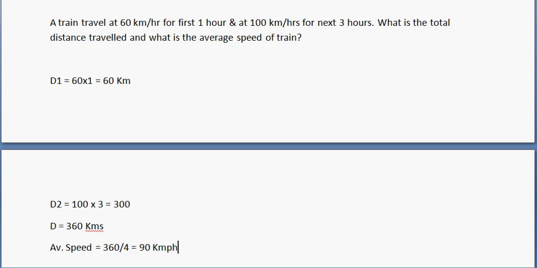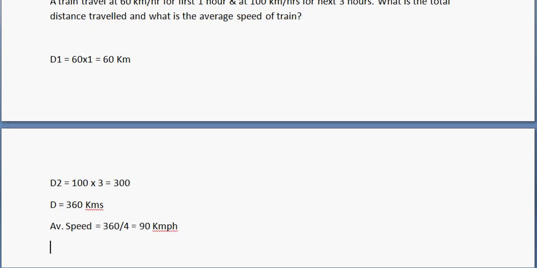So kmph we also write as kilometer per hour, right? So bear in mind that average speed is not just the average of the speeds, so it's not 60 plus 100 divided by 2, it is the weighted average. If you see, average speed is nothing but a weighted average, where weights are the time taken.